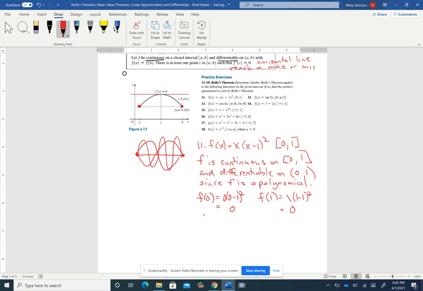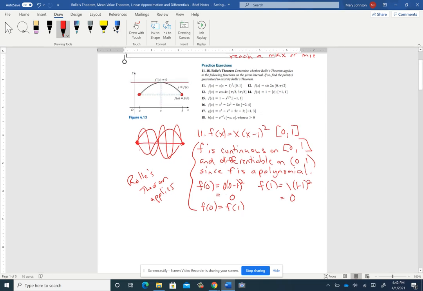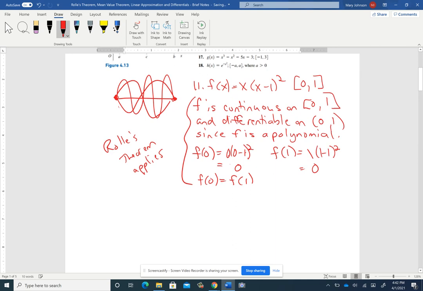Okay, so f of 0 does equal f of 1. All of that is telling you that Rolle's theorem applies. So I know from Rolle's theorem that there has to be a max or a min somewhere between 0 and 1. Okay, an x value that provides a max or a min somewhere between 0 and 1.